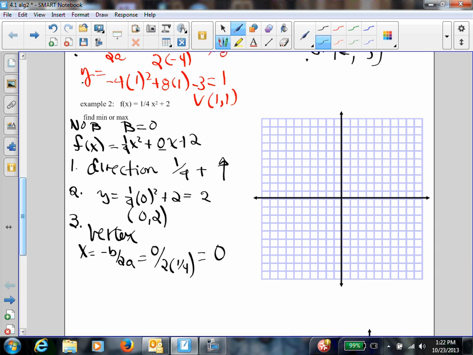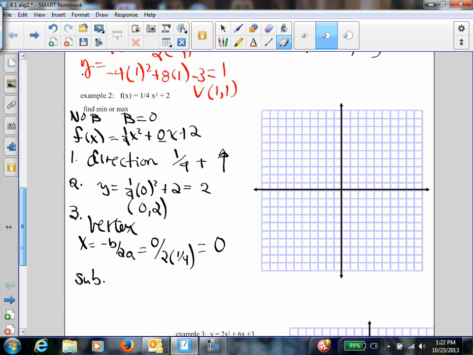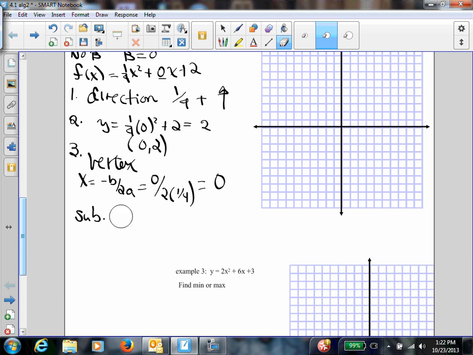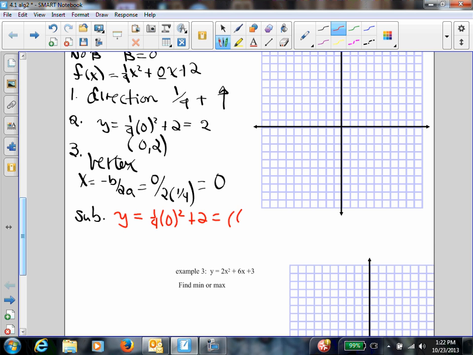So if x is 0, how do I find y? I substitute. So y will equal 1/4 times 0 squared plus 2, so we get (0, 2).